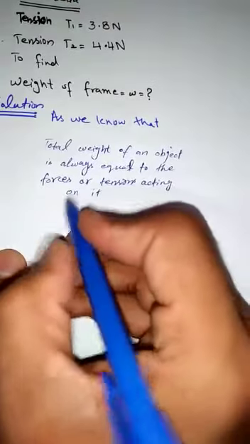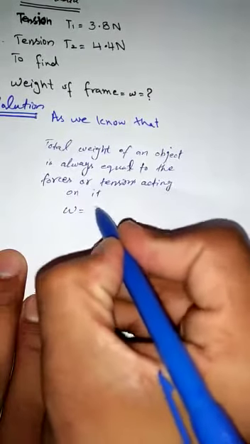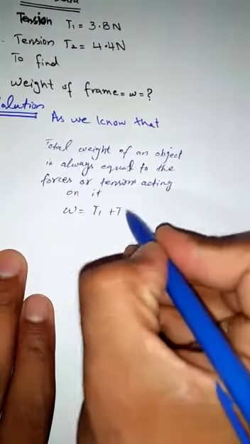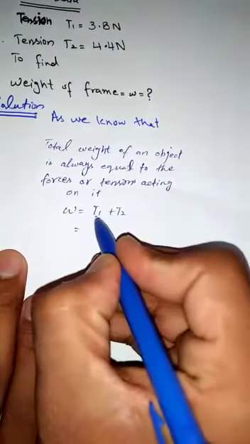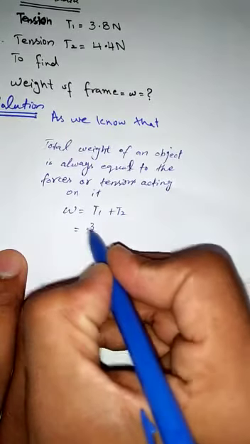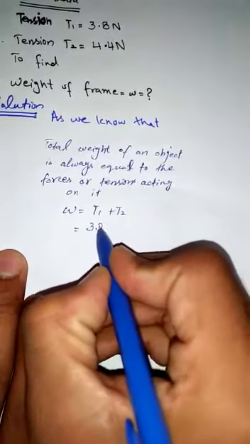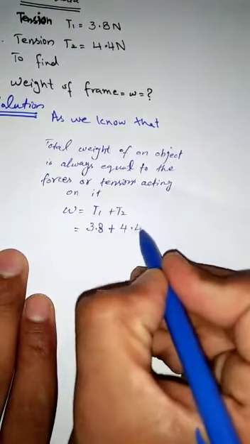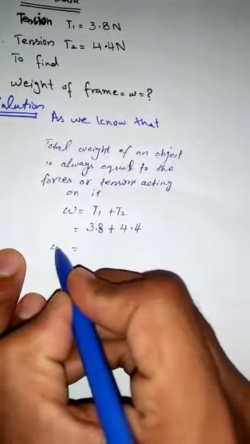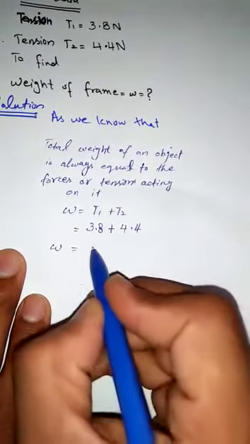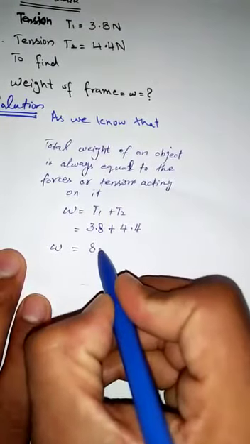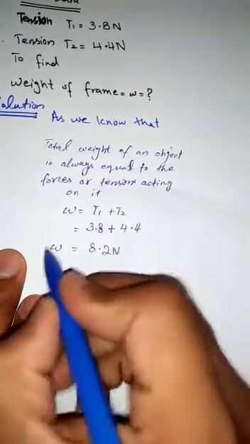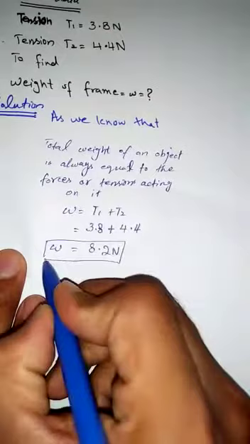Then we can say that W is equal to T1 plus T2. Now we use T1 as 3.8 plus T2 as 4.4, and W will be equal to 8.2 Newton, that is the weight of the frame.